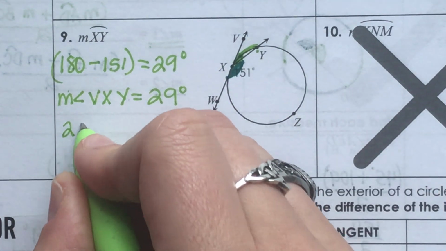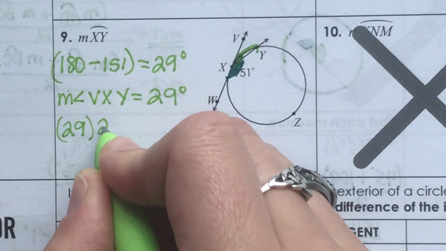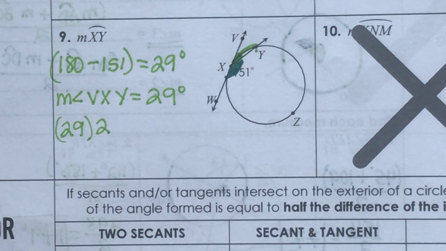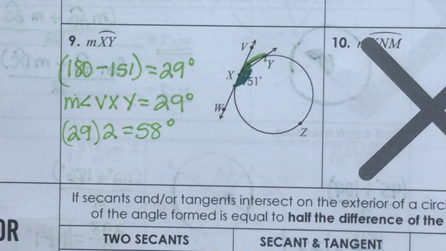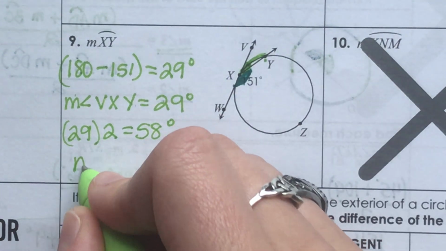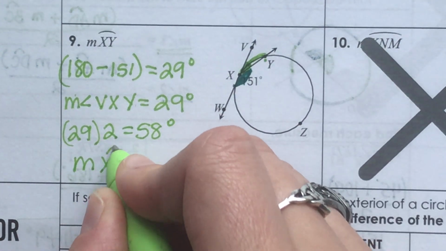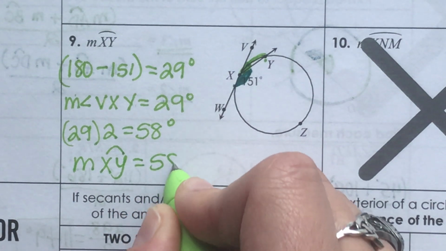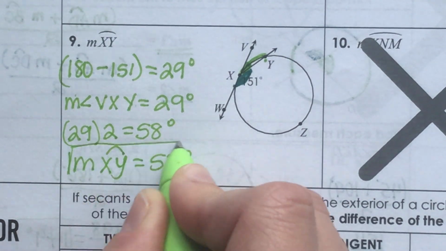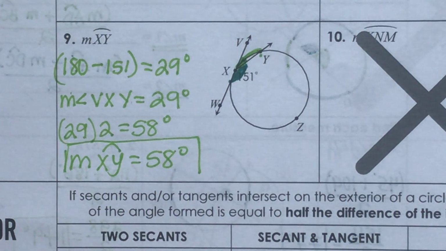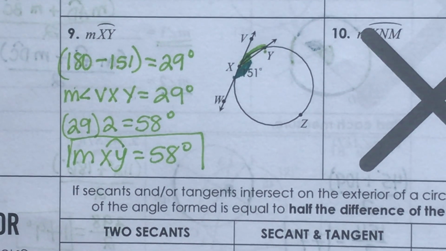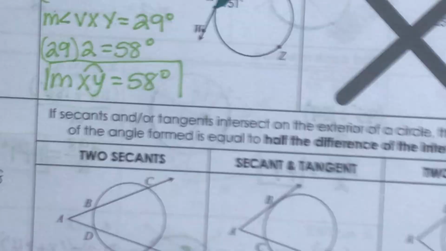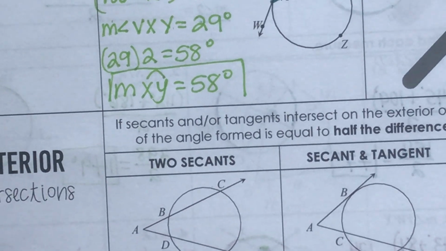So I'm going to take 29 times 2, and I get 58 degrees. So that means the measure of arc XY is 58 degrees. So you do have to use a little bit of common sense as you're working through these problems. Okay, almost knocked my phone over.